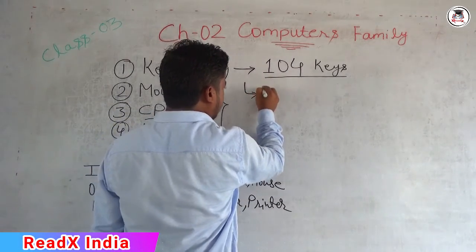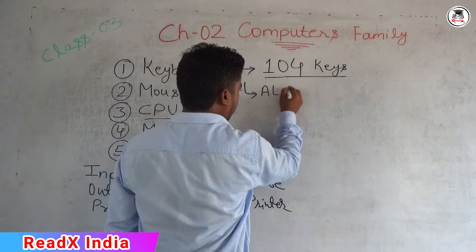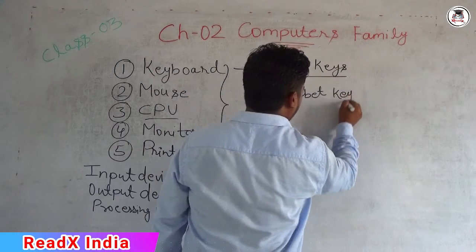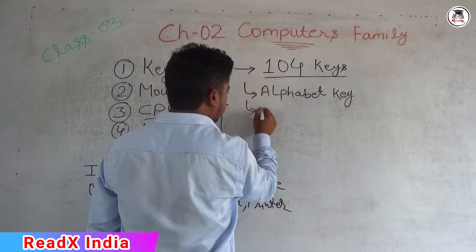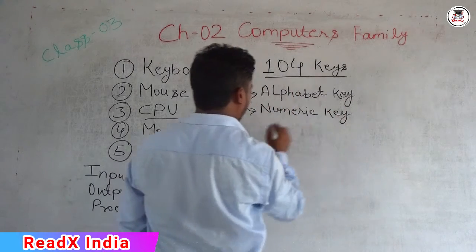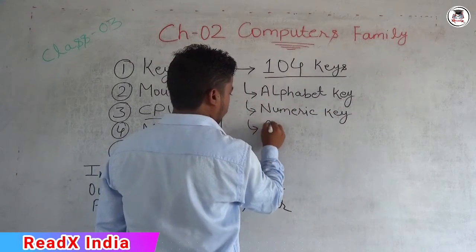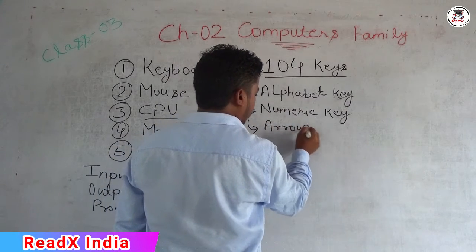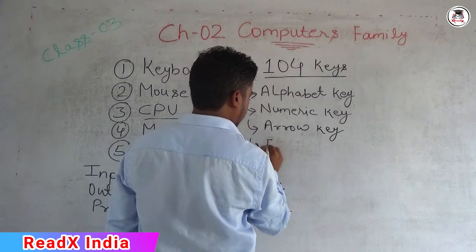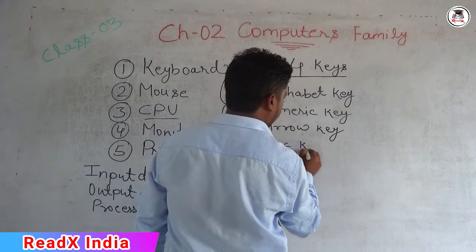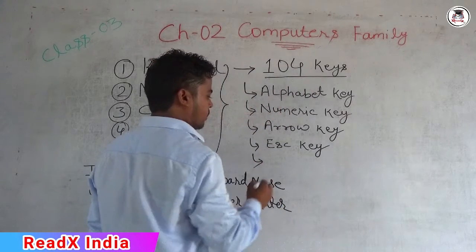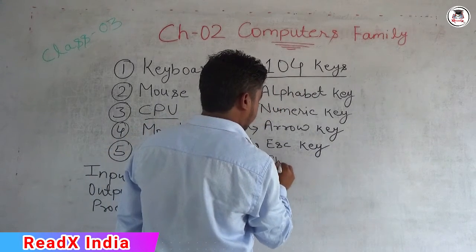The first one is the alphabet key. The second is the numeric key, then the arrow key, escape key, and shift key.